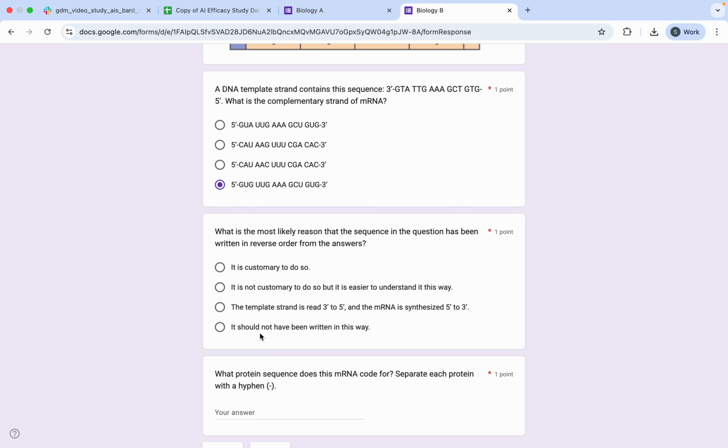It should not have been written in this way. So I will go for this: the template strand is read 3' to 5' and mRNA synthesis is 5' to 3'.